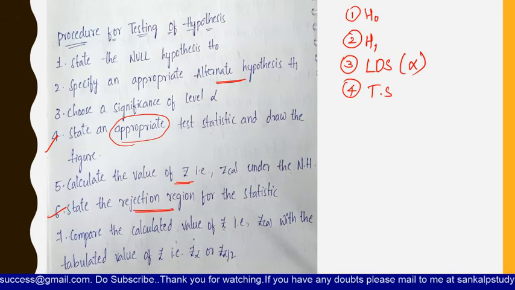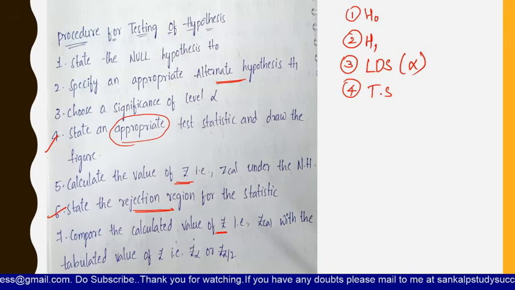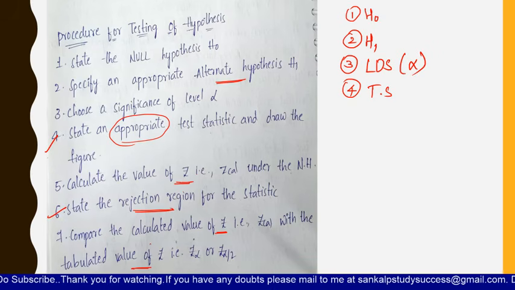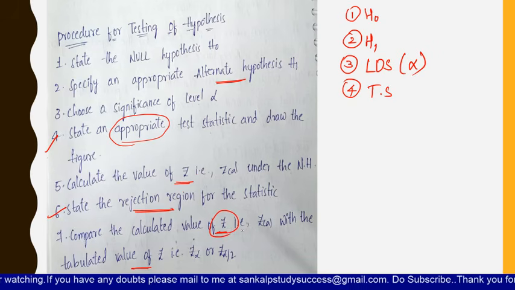Then compare the calculated value with the tabulated Z value. That means we are going to have the Z distribution table. In that table, we will have the values of Z alpha by 2 or Z alpha according to the question. The calculated value will be compared with the tabulated value.